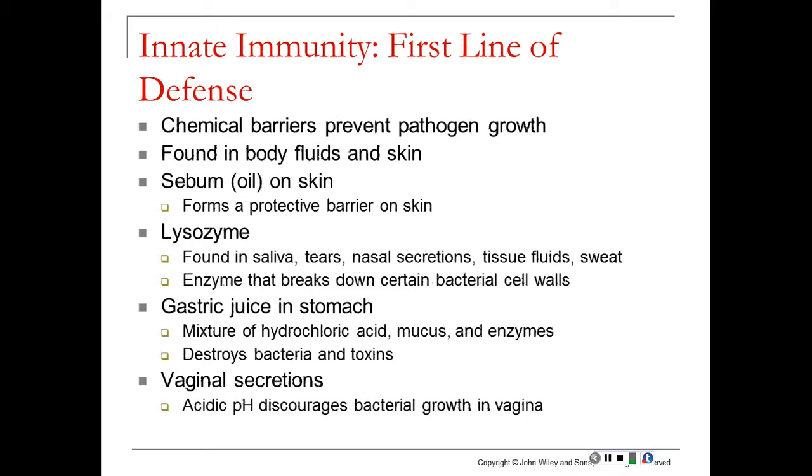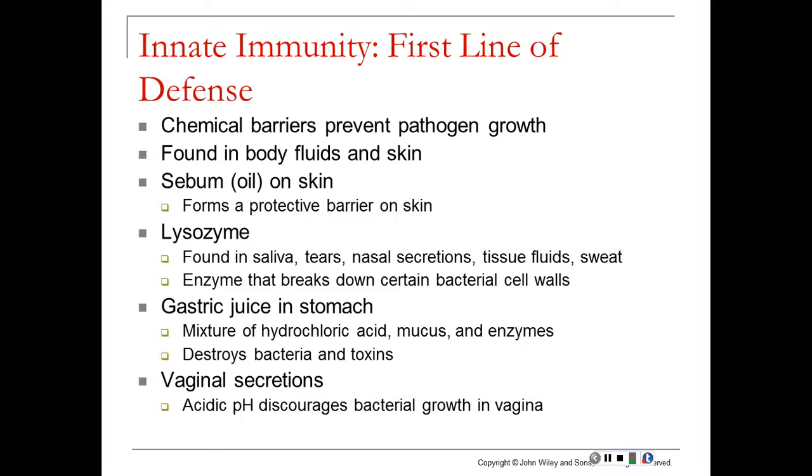There's also chemical barriers that can prevent pathogen growth, and this is found within the body fluids and on the skin. Sebum, or oil, is on the skin. It helps to form a protective barrier on the skin. It also has an antibacterial property to it. Lysozyme is a special antibacterial agent breaking down certain bacterial cell walls.